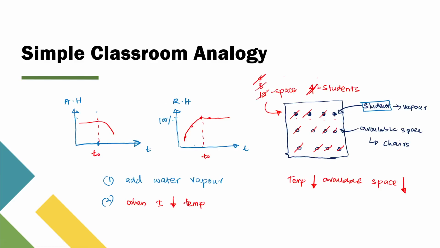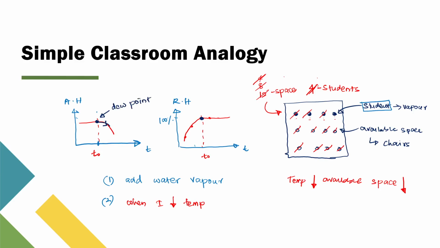Let's come back to this. Here, when I was reducing the temperature, you see that when RH becomes 100%, AH starts to reduce. Until then, it didn't reduce. And this point is what we call the dew point.